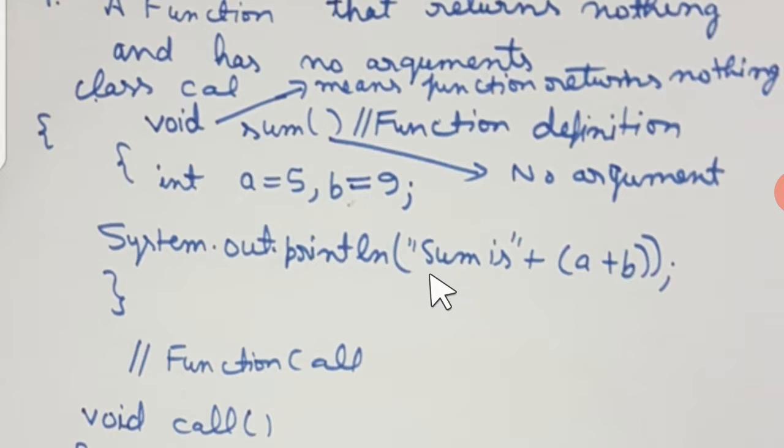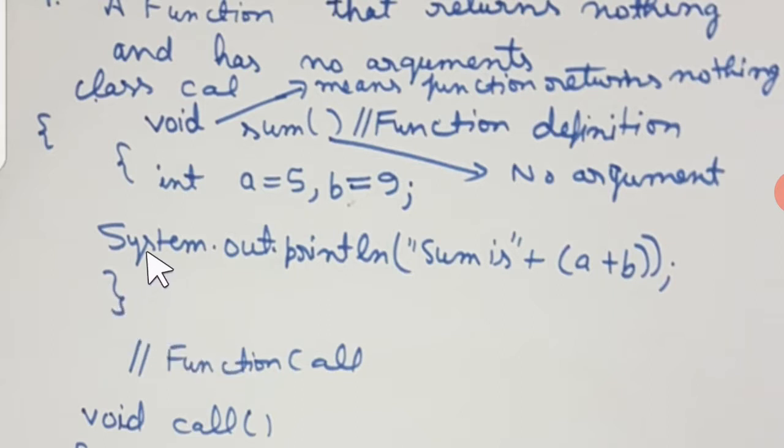Inside the parenthesis, in double quotes, I have written "sum is". This is the message on the screen, plus a plus b. So a plus b gives us the sum of a and b, which is going to be 14, as a is 5 and b is 9. After that we close the definition of the function.